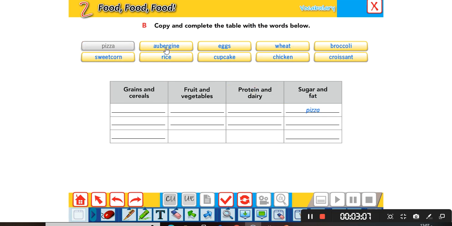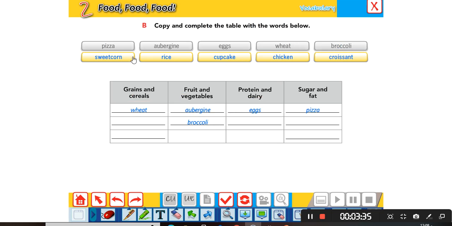After pizza, we have aubergine, and aubergine is a kind of vegetable. Eggs belong to protein and dairy, while wheat is an example of grains. Broccoli is a vegetable.